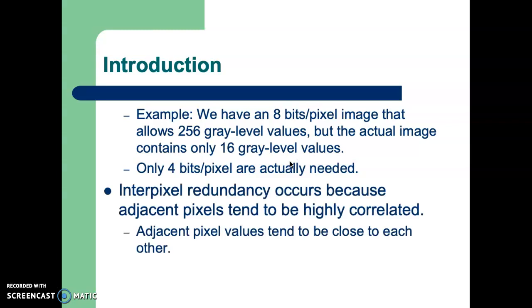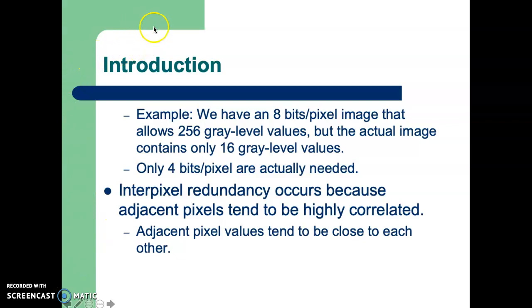So the second redundancy is interpixel, which occurs because adjacent pixels tend to be highly correlated. Highly correlated means that if you have a pixel, the adjacent pixels tend to be close to each other. For example, this is an image with a green color.